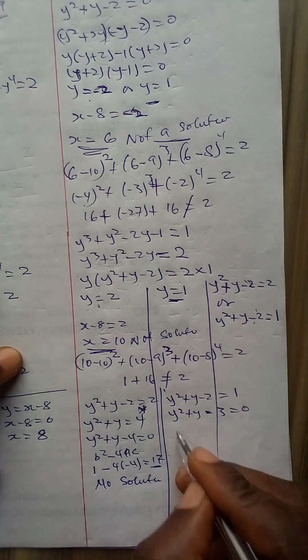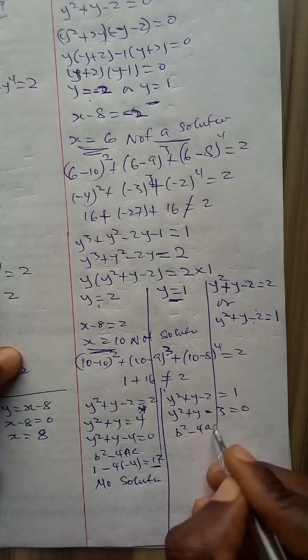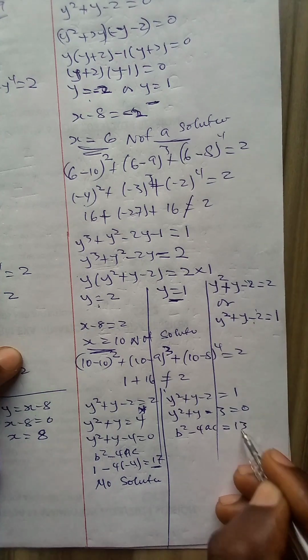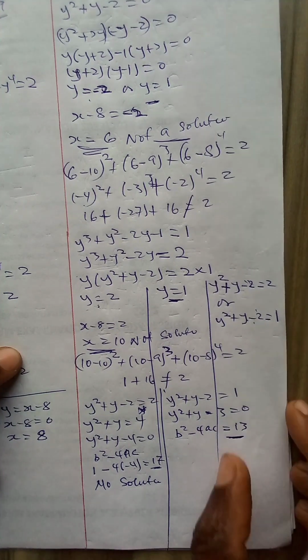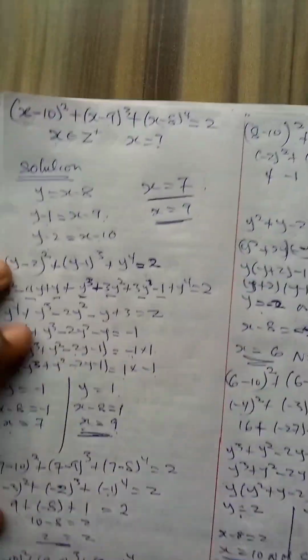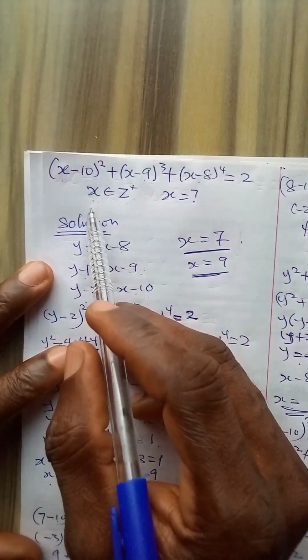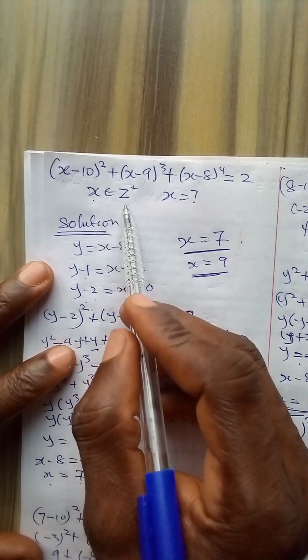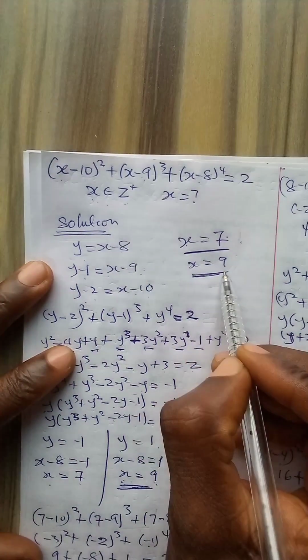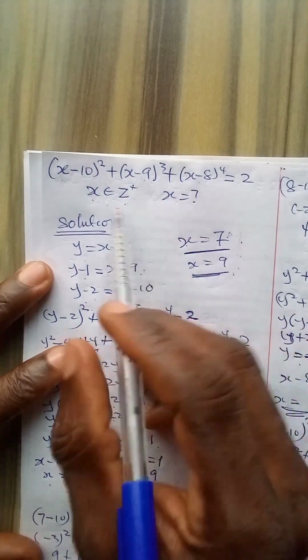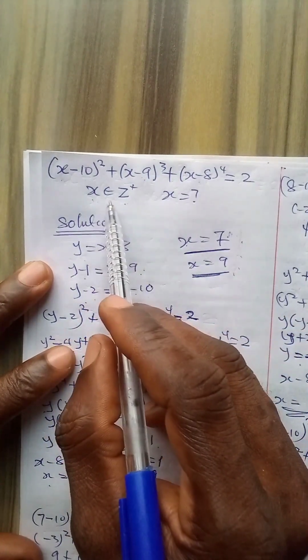Again, the discriminant b squared minus 4ac will give us plus 13, which will not yield a positive integer. Therefore, the solutions to this equation, provided that x is a member of the set of positive integers, are x equals 7 and x equals 9, which are positive integers, as the condition gives us.